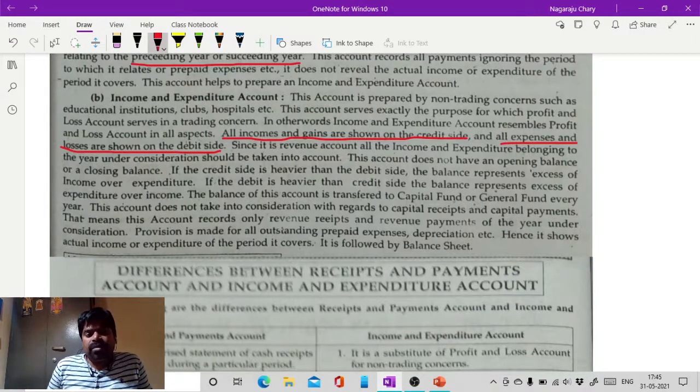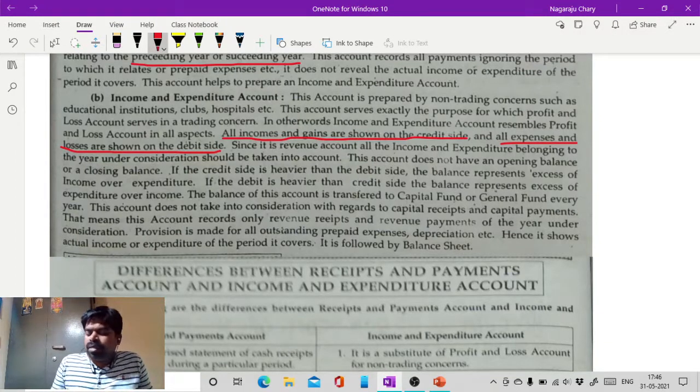But in the income and expenditure account, you have to think whether the transaction belongs to the current year or not. A transaction belonging to a preceding year or succeeding year is not to be recorded in this account. That is the thing you have to remember.